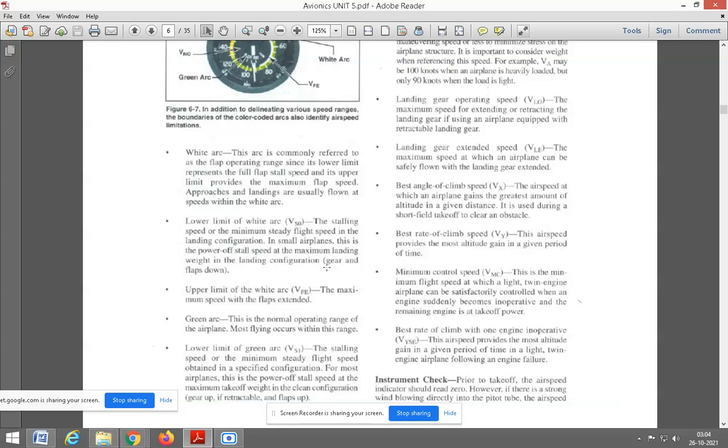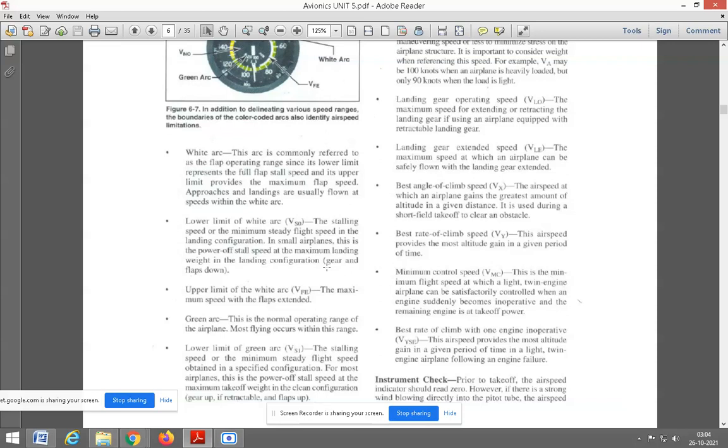That will be called the lower limit of the white arc. The upper limit is the maximum speed. That will be indicated in the upper limit of your white arc.